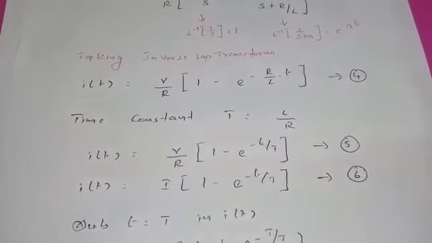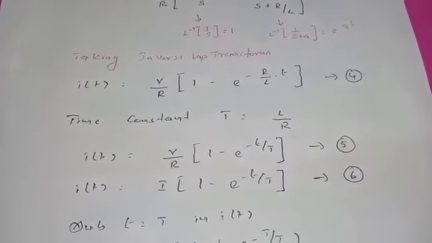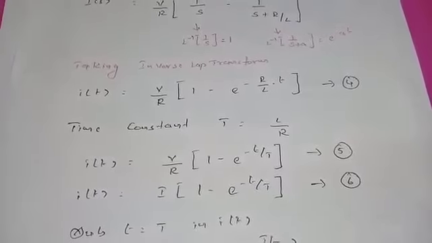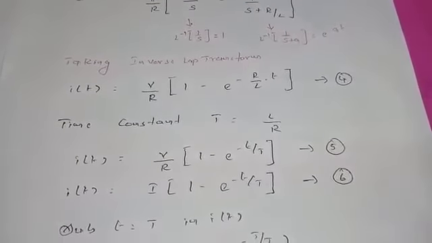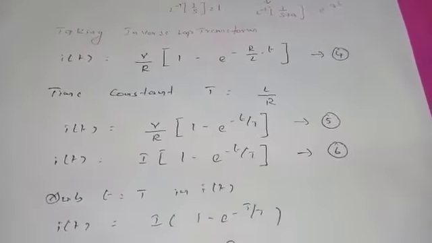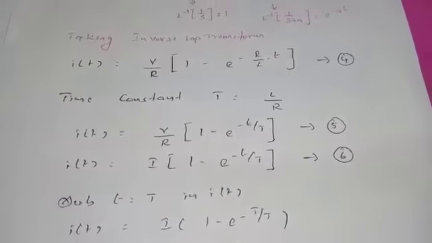We know by Ohm's law I is equal to V by R, so I of t is equal to I into 1 minus e power minus t divided by T. That is equation number 6.